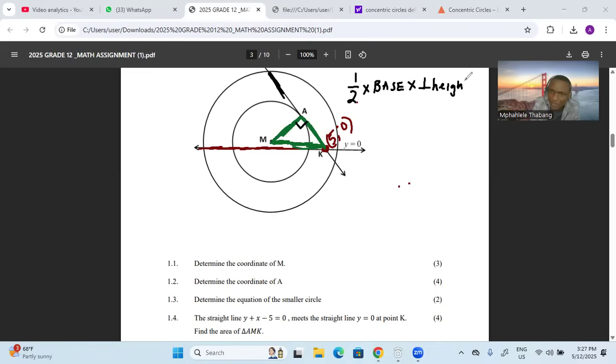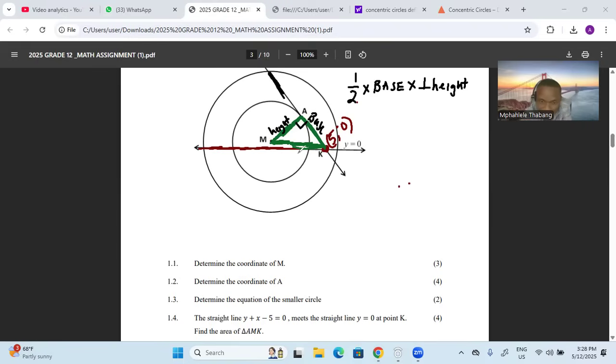So I'm going to see MA as my height, these two sides being perpendicular to each other, and see this one as the base.